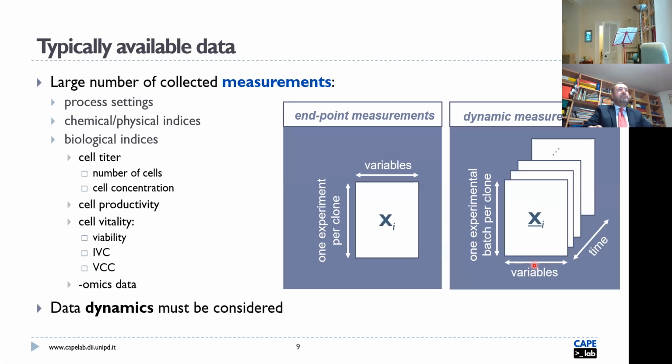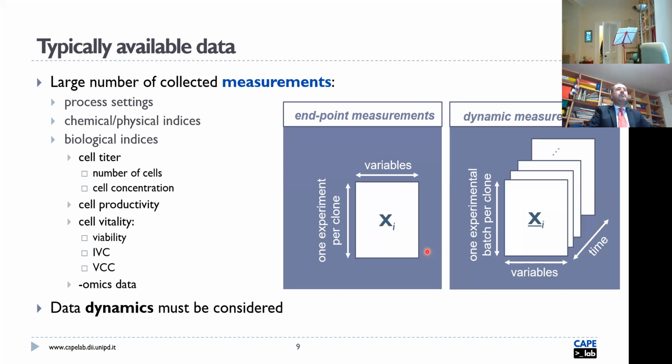From all of these stages, typically the available measurements are related to chemical or physical indices, temperature, pH, dissolved oxygen, and a lot of biological indices, which are mainly related to the monitoring of the concentration of the cells, such as the cell titer, the cell productivity, or the vitality of the cell. So, for example, the viable cell count, the viability, and so on.